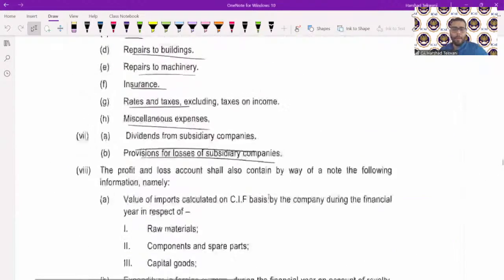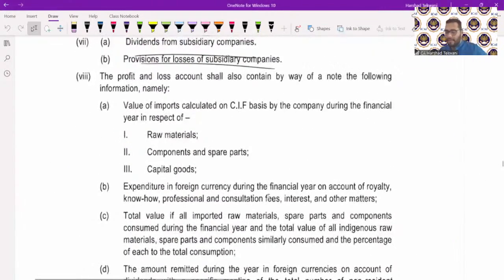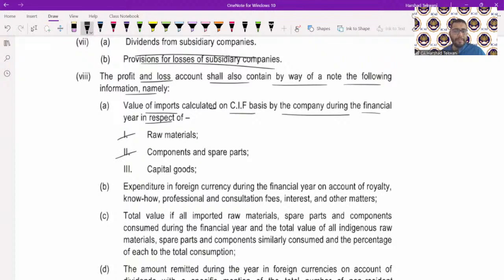Okay, there are some more points. Let's discuss those quickly to close this. Profit and loss shall also contain, by way of notes, information namely the value of imports calculated on CIF basis by the company during the financial year in respect of raw material, components, spare parts, and capital goods. So companies are now also required to disclose details of import calculated on CIF basis.